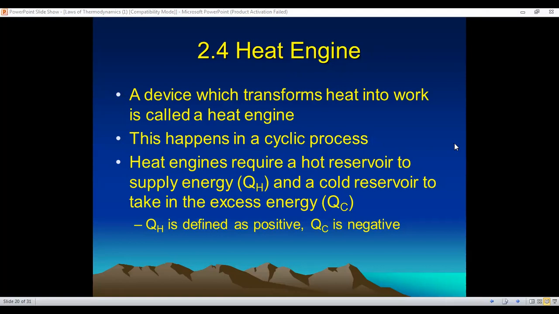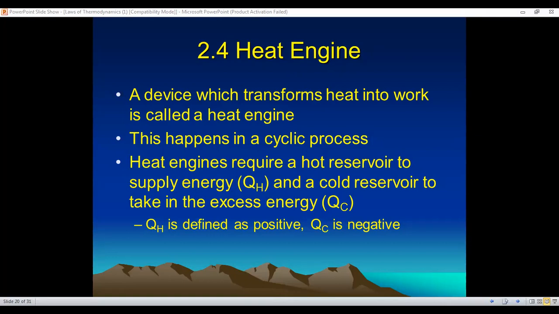Okay, students. So a heat engine is a device which converts heat into useful work. In the heat engine, there is a heat source which produces the heat, and there is a heat receiver which absorbs the heat.